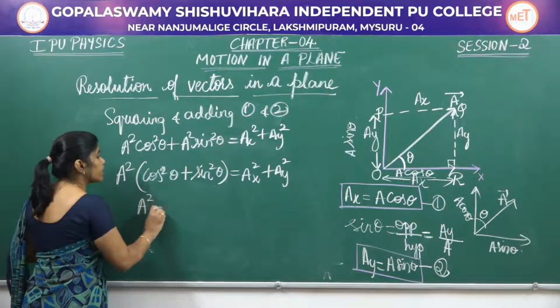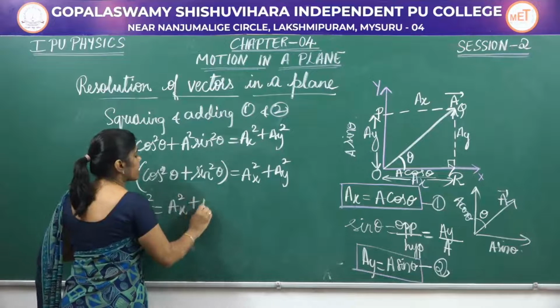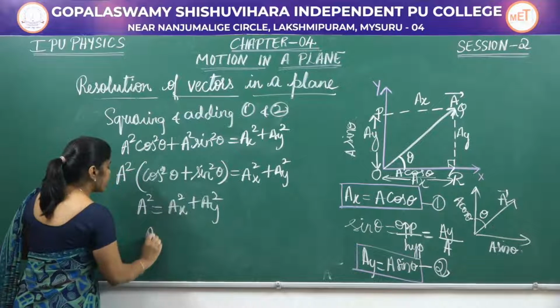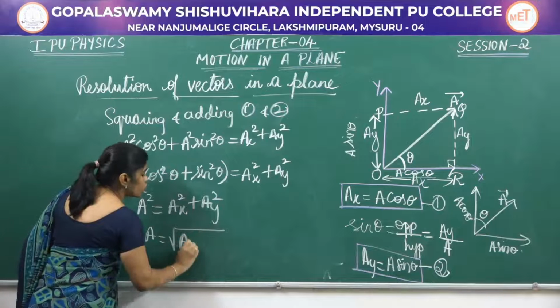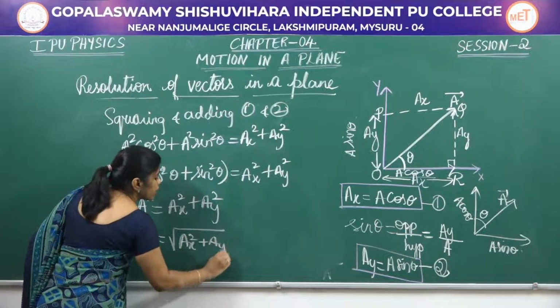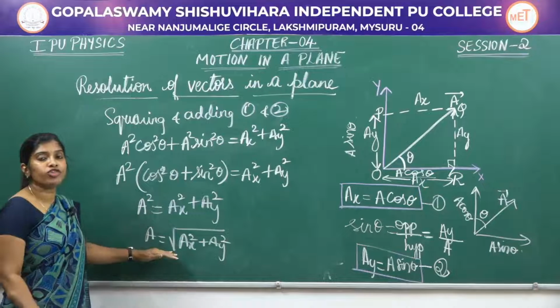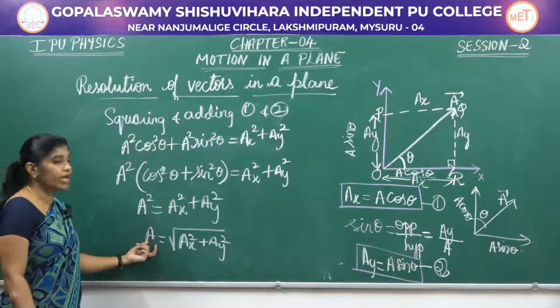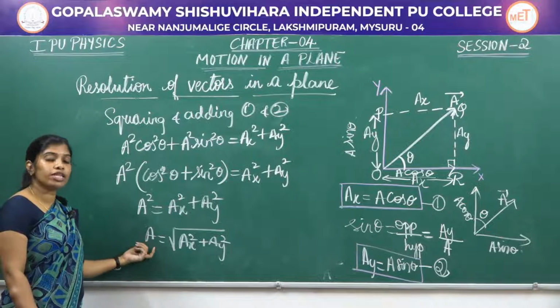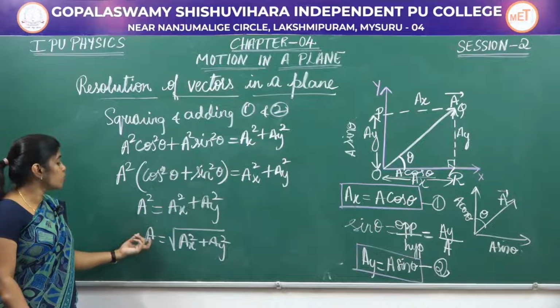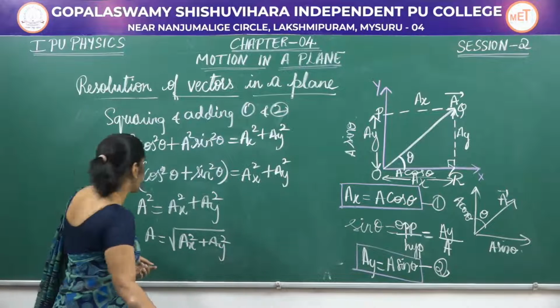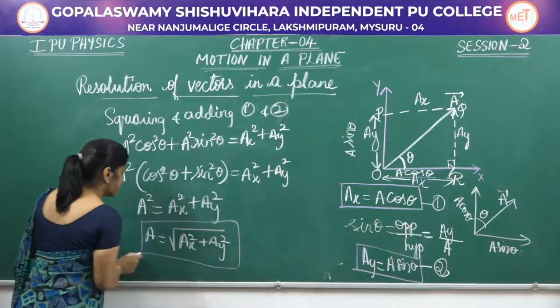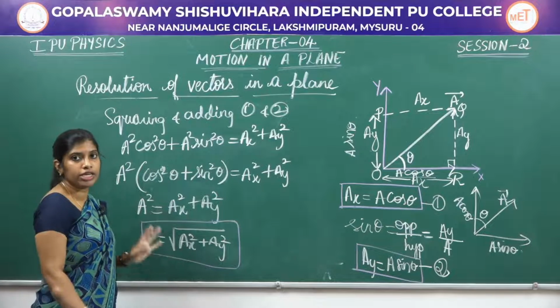Therefore, A square is equal to AX square plus AY square, or A is equal to under root AX square plus AY square. This is how you are going to find the magnitude of the vector A.